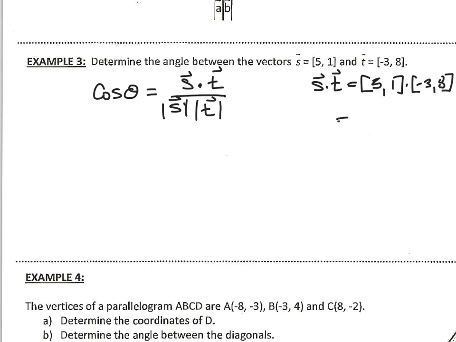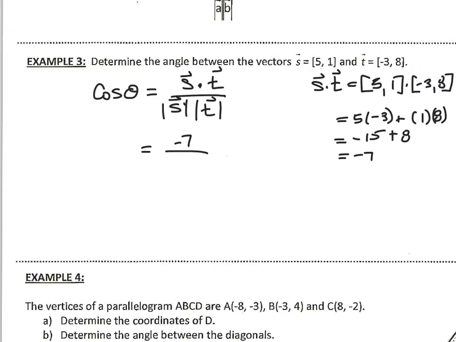We take our components: 5 times -3 plus 1 times 8. Okay, and we get -15 plus 8, which equals -7, so we have -7 in the numerator.